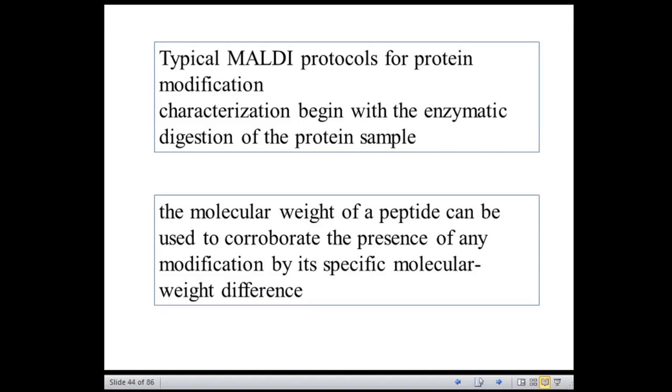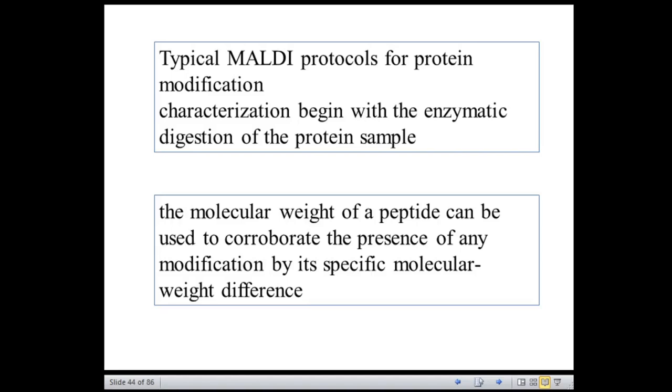So if you can determine the molecular weight of a peptide, then you can easily determine if there are any modifications. So once you have a primary structure's molecular weight, then the protein undergoes modifications, be it co-translational or post-translational, and then again you determine the molecular weight.